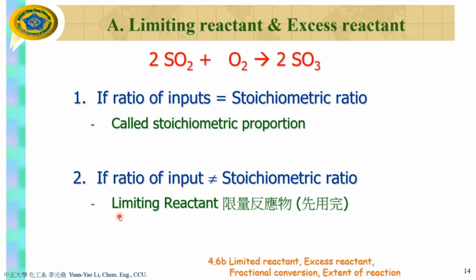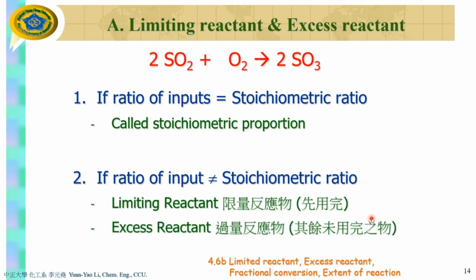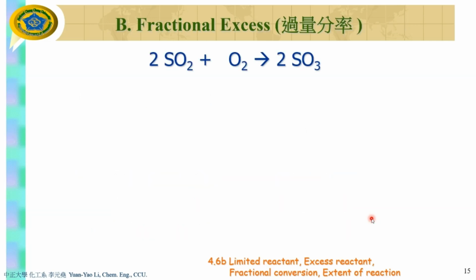The one used up first is called the limited reactant. And the other reactant is called the excess reactant. Okay, easy. And now we want to know the fractional excess.